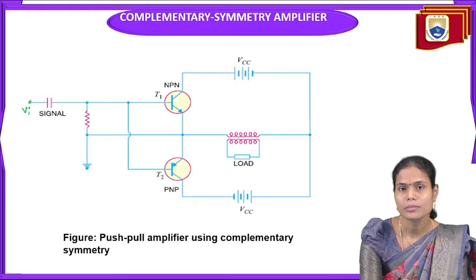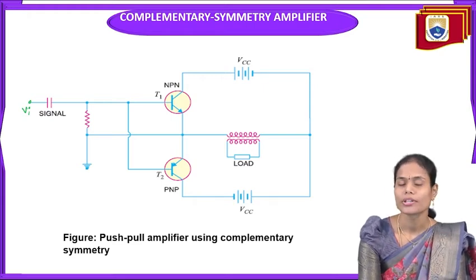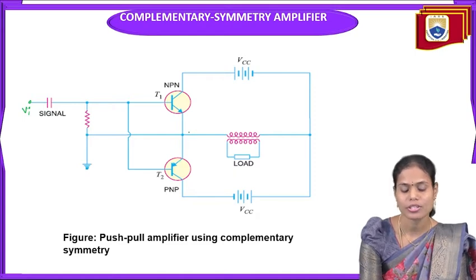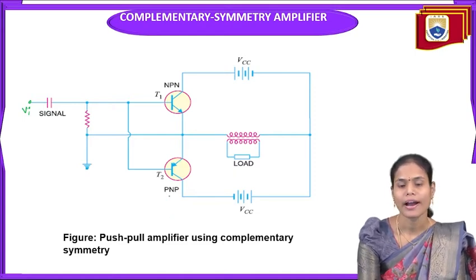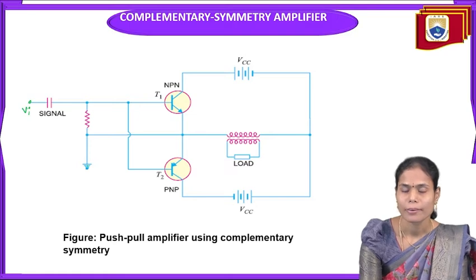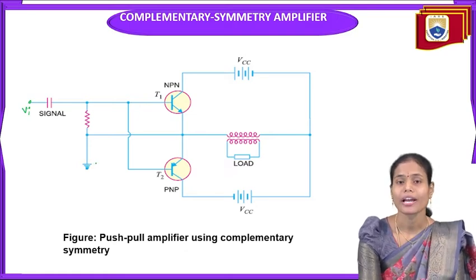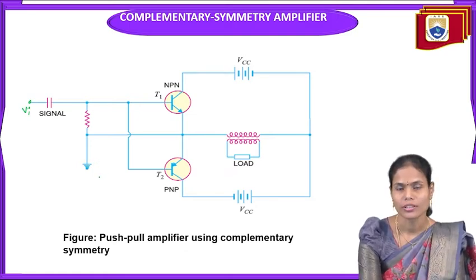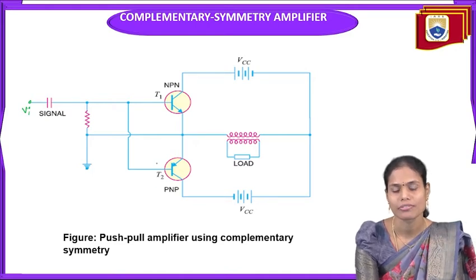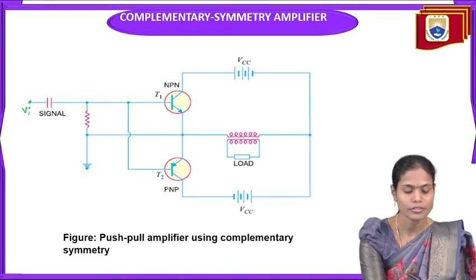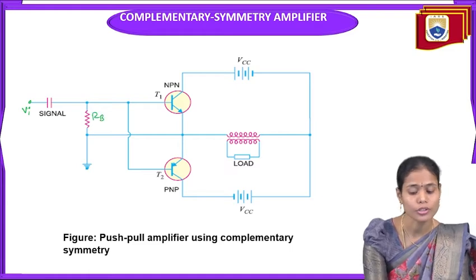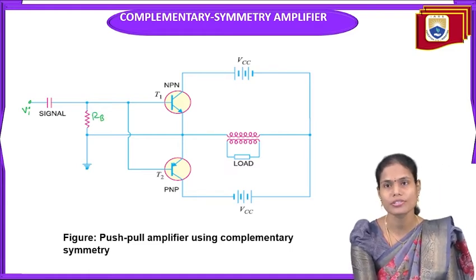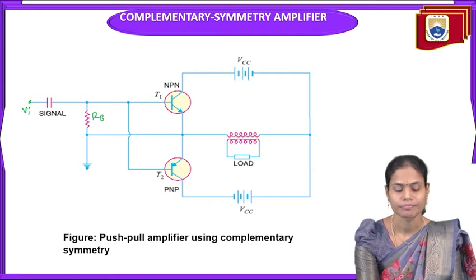To construct this complementary symmetry amplifier, we require one NPN transistor, one PNP transistor, one normal transformer without any center tapping, the supplied signal as the input, and also the biasing network to provide proper biasing for the two transistors. This is the RB resistance providing the biasing for both the transistors and for the primary winding.